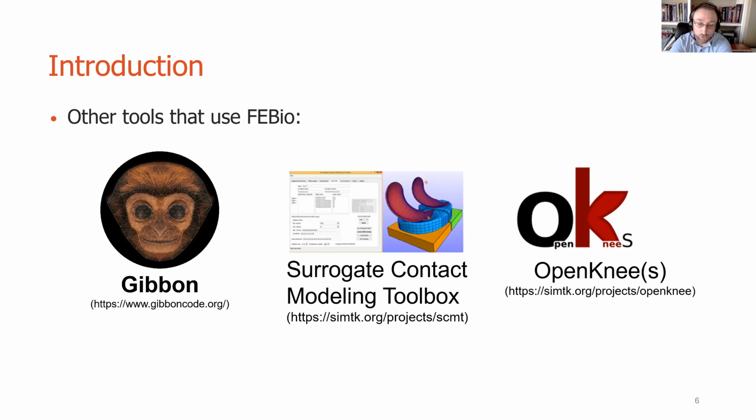There is also the surrogate contact modeling toolbox, which is available through SimTK, which also uses FEBio to generate and model surrogate contact models. And then there's also the Open Knee project, which makes available complex finite element models of the knee joint, and they use the FEBio formats to distribute their models.